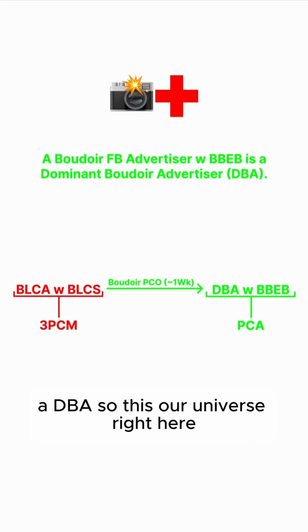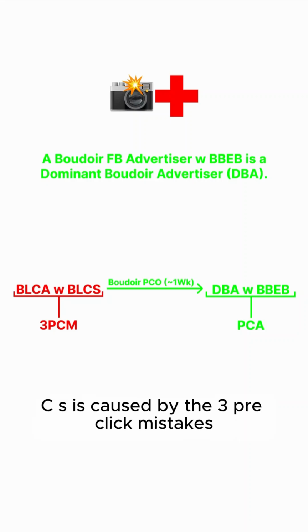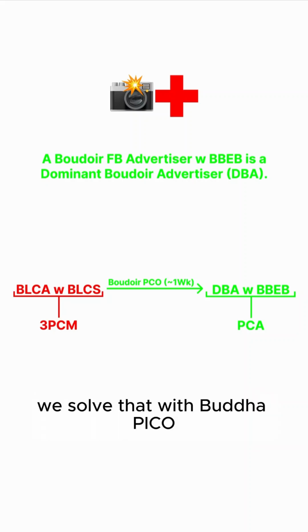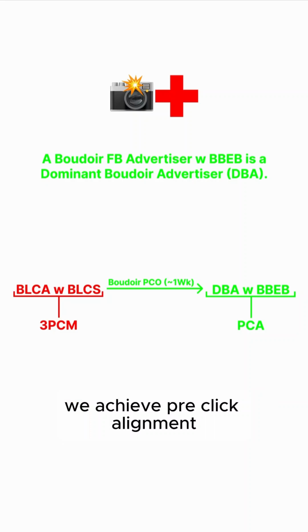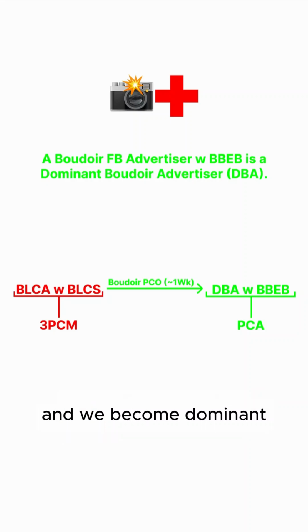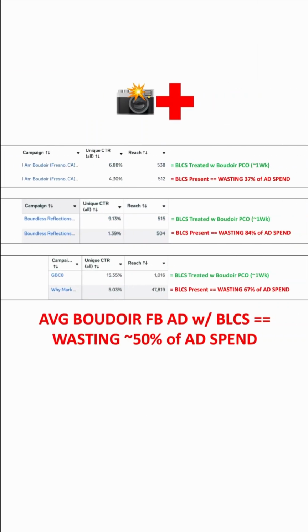So this is our universe right here, right now. A BLCA with BLCS is caused by the 3 pre-click mistakes. We solve that with Boudoir Pico. It takes about a week. We achieve pre-click alignment and we become dominant Boudoir advertisers with Boudoir brain entry boost.